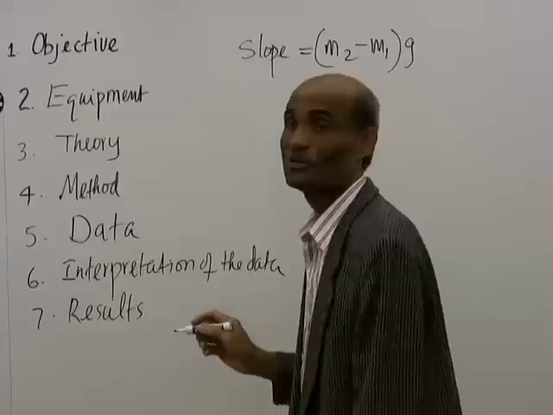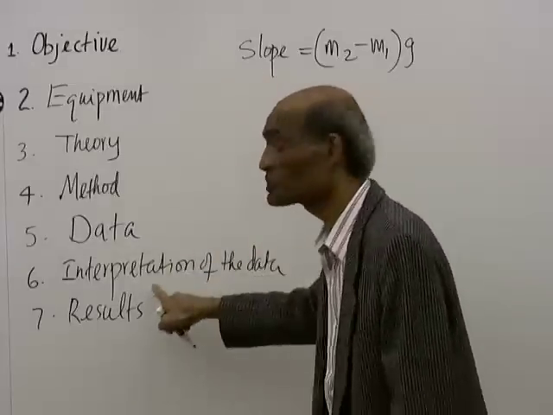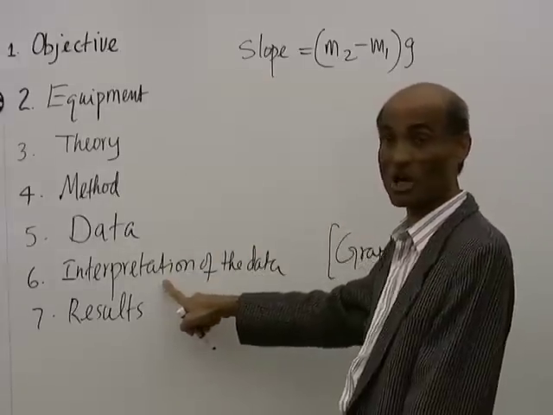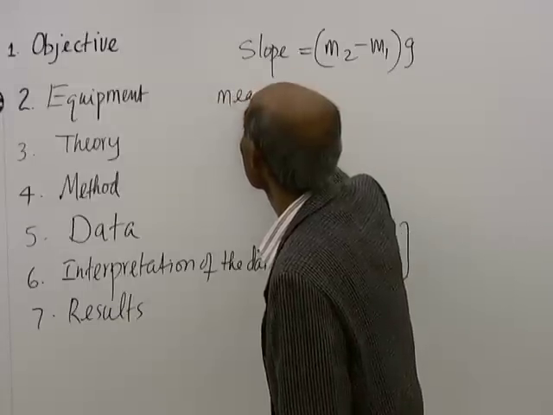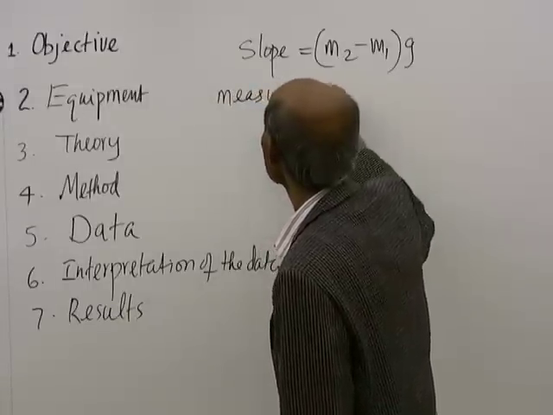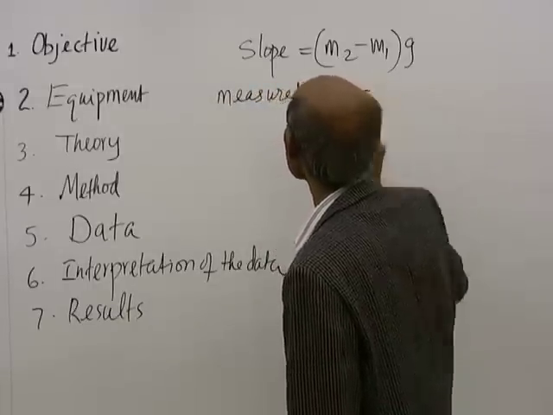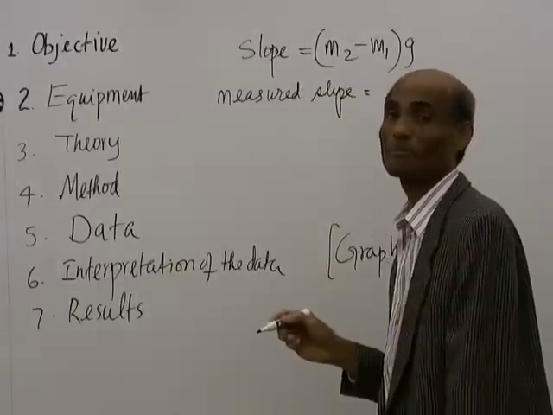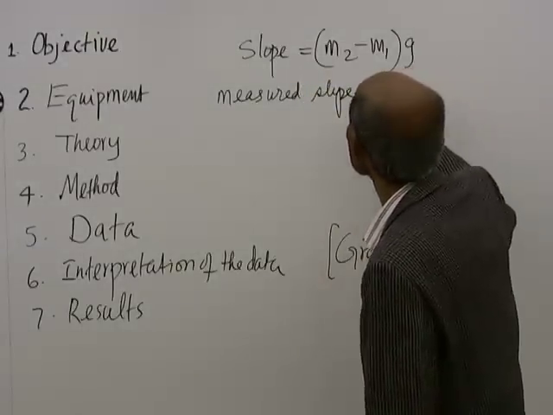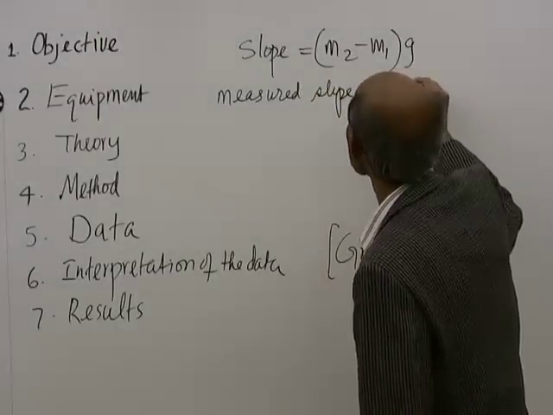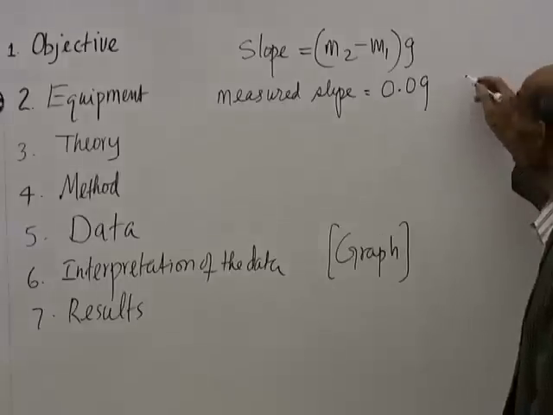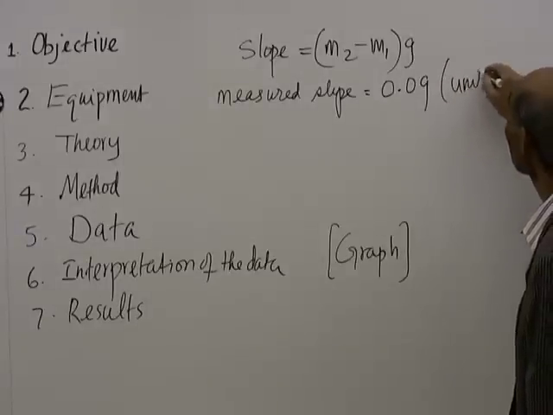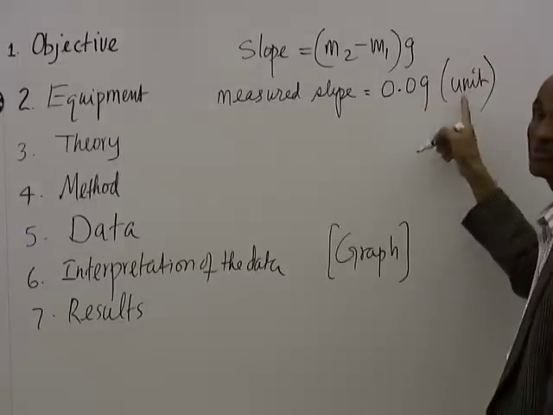Suppose you measured the slope and you got a value, so you then say measured slope equal to, let's say, 0.09. And you must write the unit, whatever unit the slope had, you must write the unit.